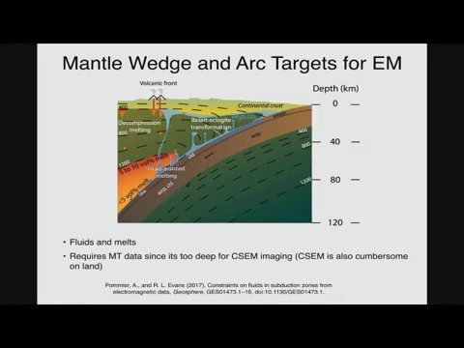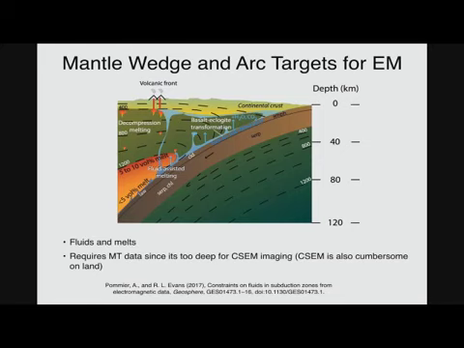In particular, we've got these dehydration reactions down here that release fluids into this hot region of the mantle wedge, where you could potentially generate melts, and those melts could travel up into the crust. We've also got dry melting or decompression melting that can occur due to small amounts of upwelling occurring here. And then in the shallower part of the system, we've got all these dehydration reactions that can release water. And so potentially we've got these free aqueous fluids that are going up into the crust. These are all potential targets that could be imaged with MT data.